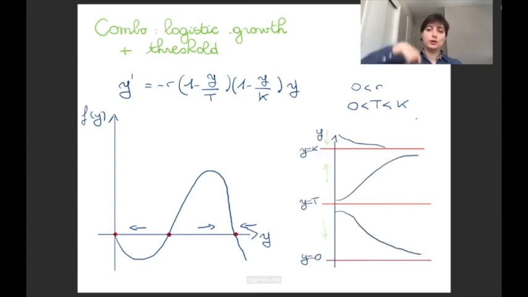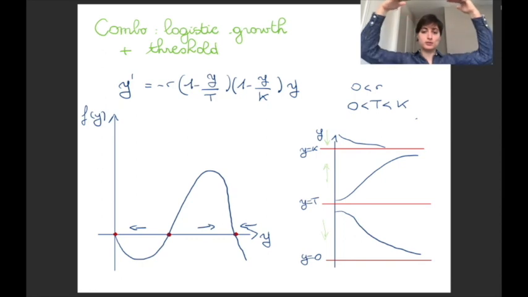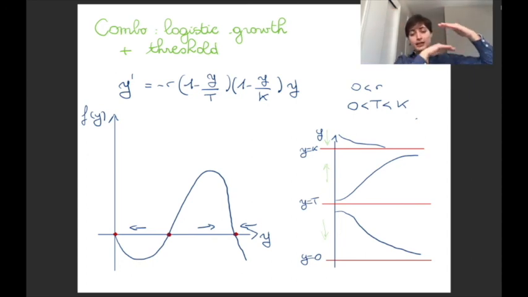If you plot it on a vertical axis with respect to time, you see exactly that. You see 3 equilibrium solutions: y equal to 0, y equal to capital T, and y equal to capital K. Things between 0 and capital T tend towards 0 in an S shape.